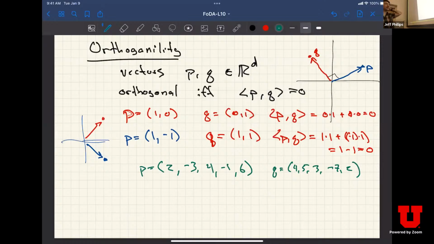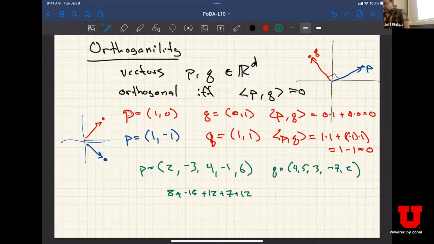If I take the dot product of these two things, I can just take the coordinates and multiply them. So I'll get an 8, minus 3 times 5, this is minus 15. 4 times minus 3, this is going to be 12. Minus 1 times minus 7, this is going to be 7. And 6 times 2, this is going to be 12.